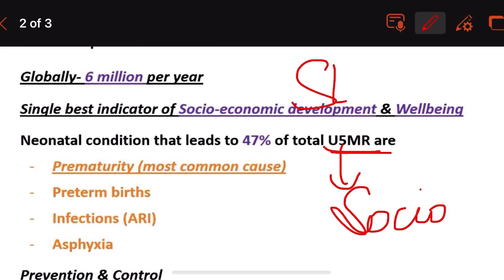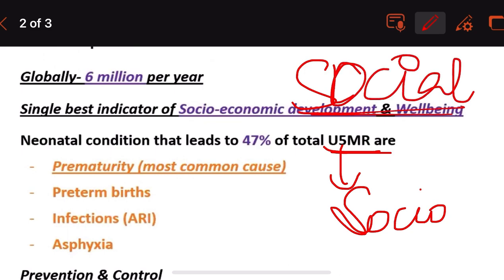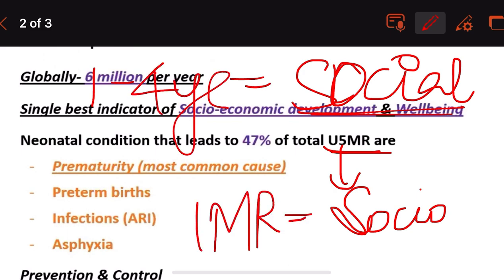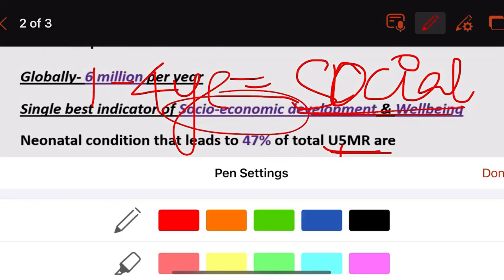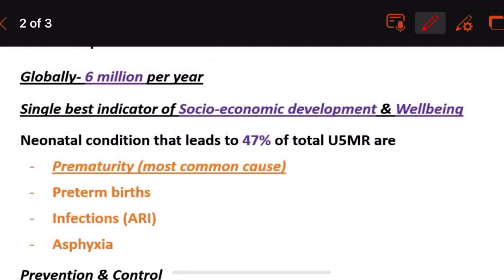To understand the social status, we have the previous video we studied, the 1 to 4 year mortality rate, and the infant mortality rate stands second in terms of socio-economic development. Clear, guys? I will tell you again.